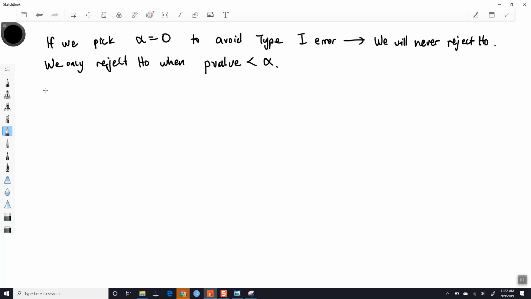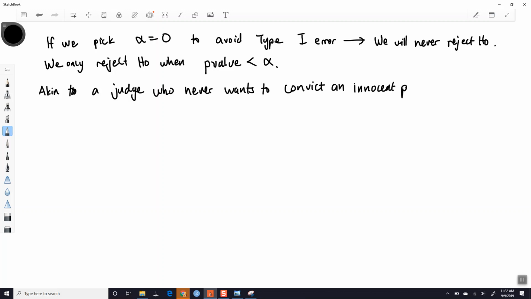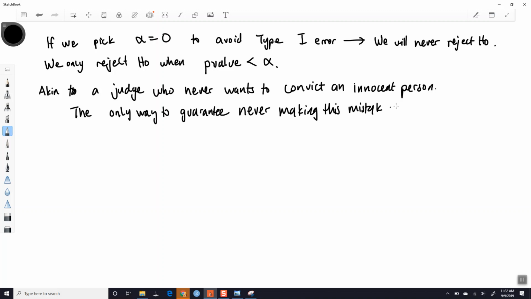So this is akin to a judge who never wants to convict an innocent person, and the only way to guarantee never making this mistake is to never convict anyone.